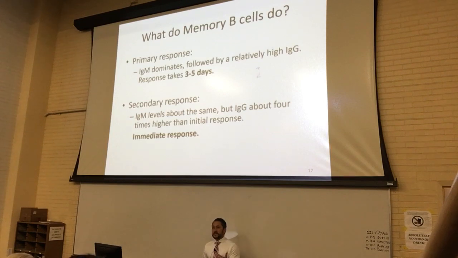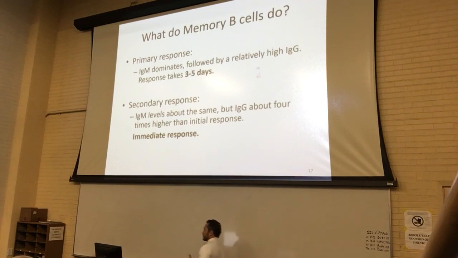Now, the secondary response, the next time that you're exposed to it, the IgM levels are about the same, but IgG is 4 times higher than the initial response, and it's immediate. So let me give you an example about memory B cells.